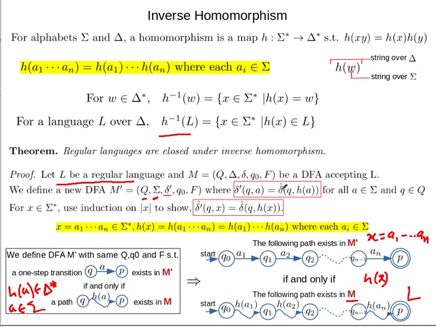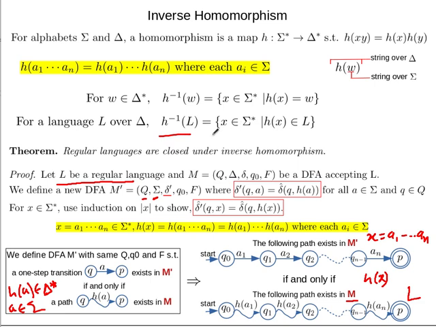So this delta we know, right? We have a machine for L and there we know what delta is, and from this delta we are constructing this delta prime using this equation, right? And now the proof is pretty straightforward.